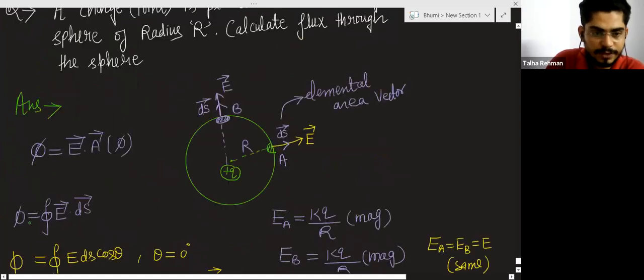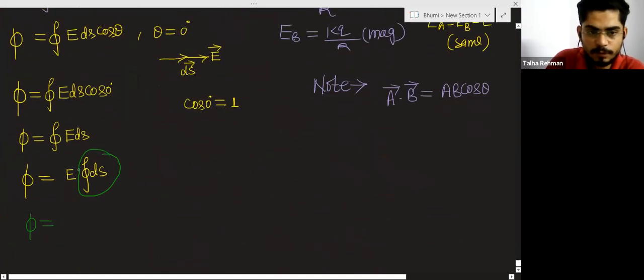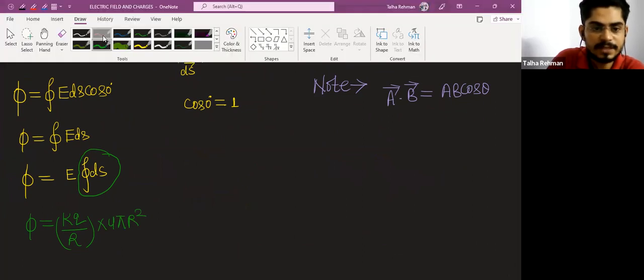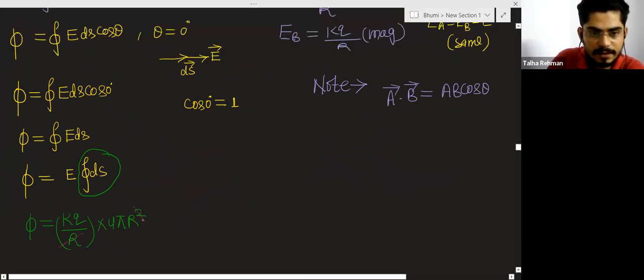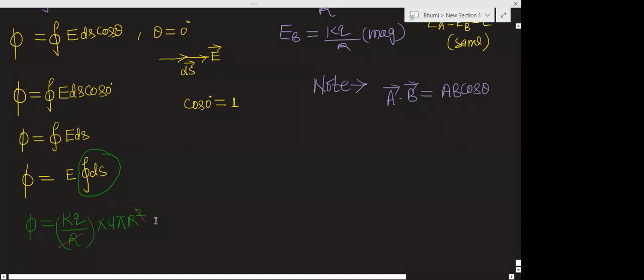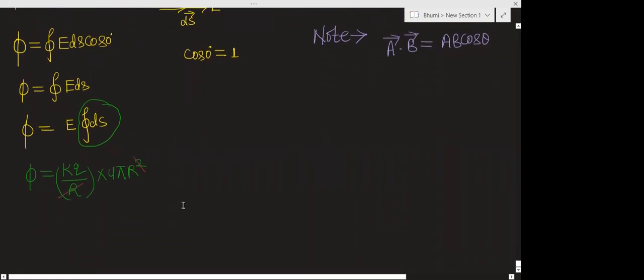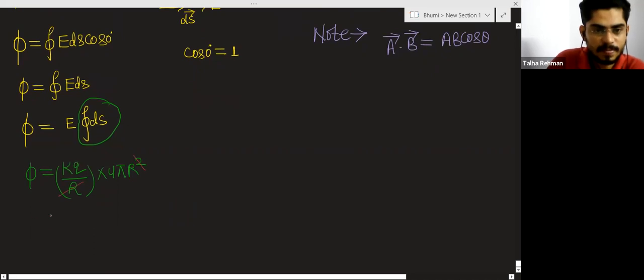So we have phi equal to, you put the value of E here, kq by r, and this is 4 pi r square. Now what will be cancelled? r and r cancel out.